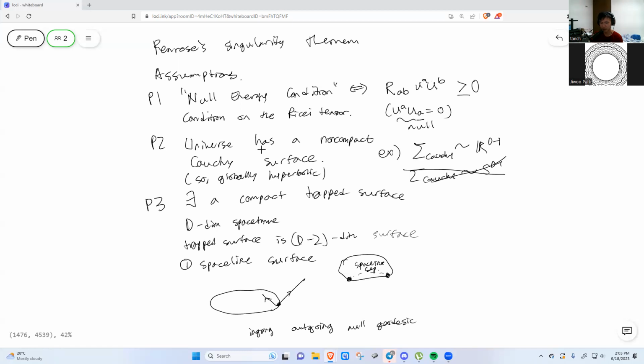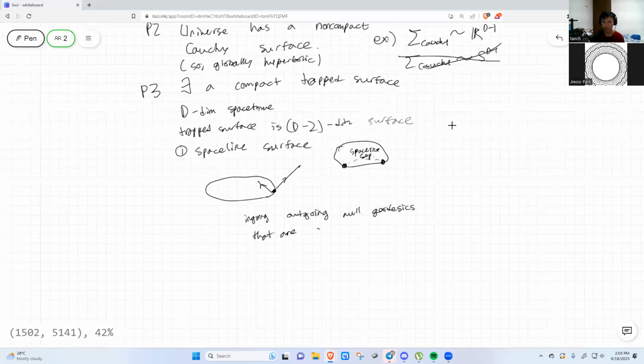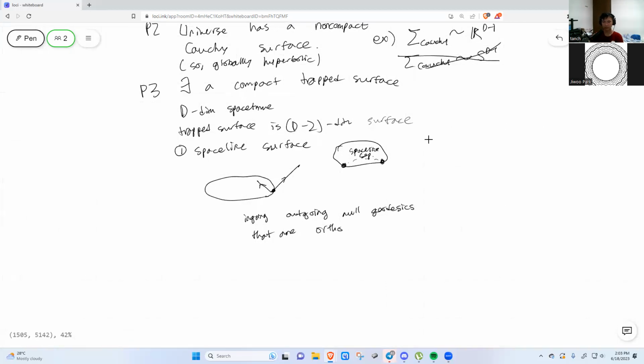How do you determine which one is ingoing and outgoing? Wait, it's more like a cone, right? But then it's d minus 2, so the codimension is two. It won't matter much in our argument, but there are two.